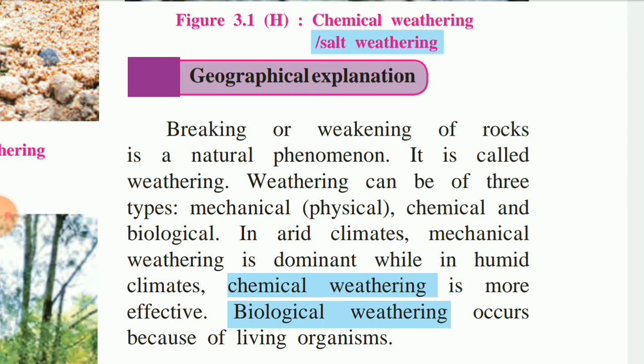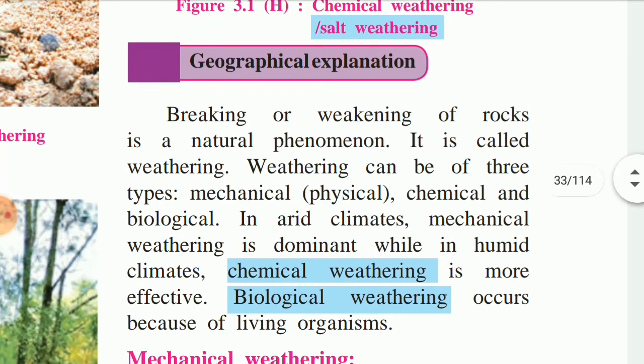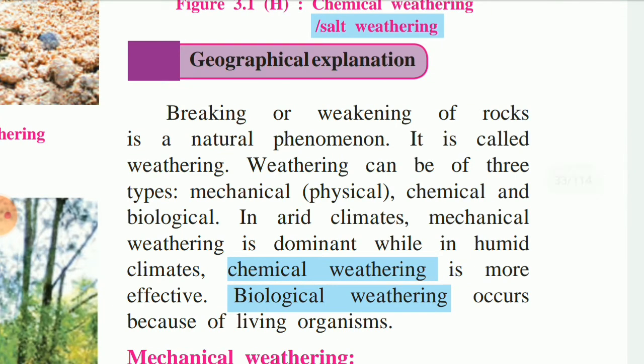In arid climate, which means dry, hot and dry weather, mechanical weathering is dominant. So wherever there is mechanical weathering, you can immediately relate that it is because of dry weather, arid climate. While in humid climate, chemical weathering takes place.